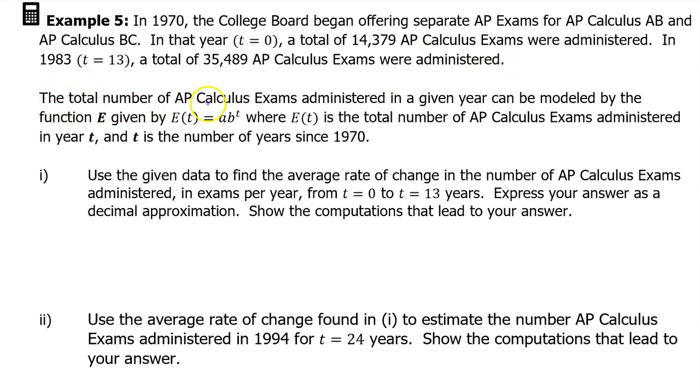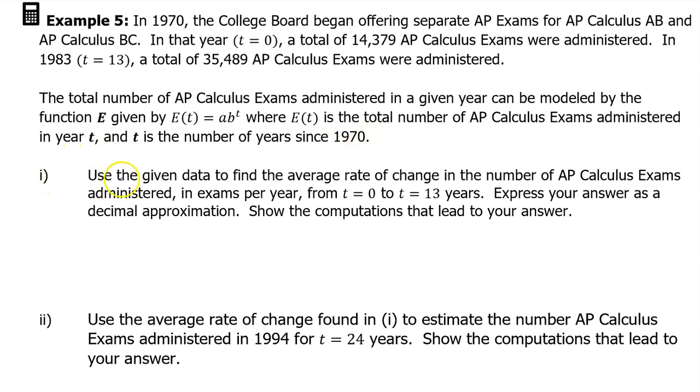The total number of AP Calculus exams administered in a given year can be modeled by the function E, given by E of t equals a times b to the t power, where E of t is the total number of AP Calculus exams administered in year t, and t is the number of years since 1970.